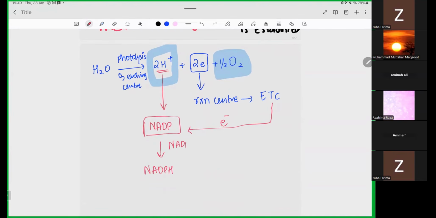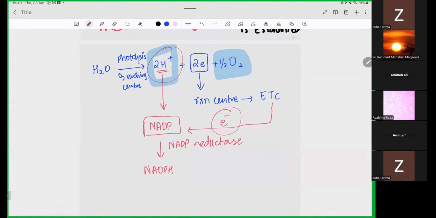Is this clear? That the final electron acceptor is the NADP reductase. It combines NADP with electrons from the ETC, and it combines NADP with the protons from the photolysis of water. Okay? So the NADP reductase acts as a final electron acceptor.